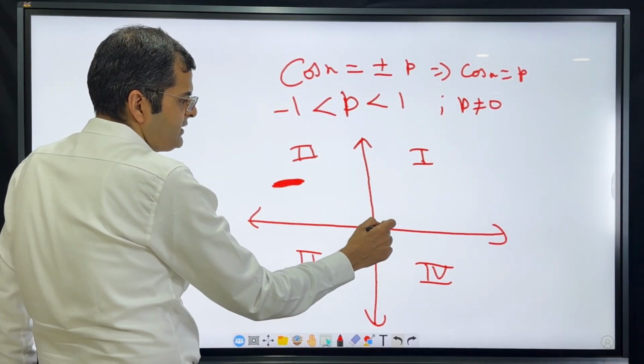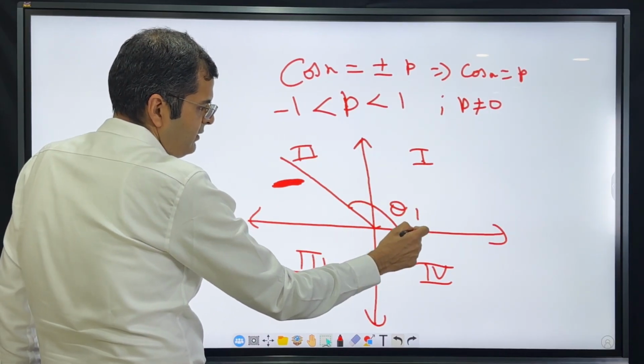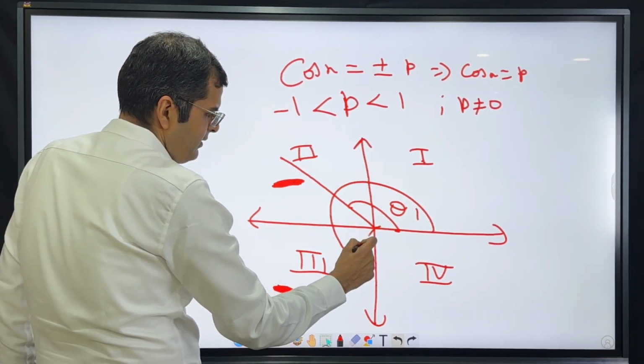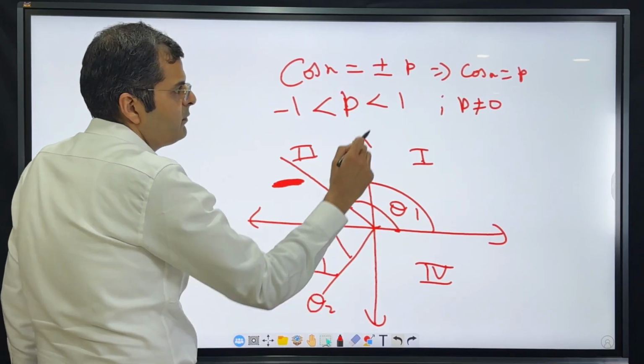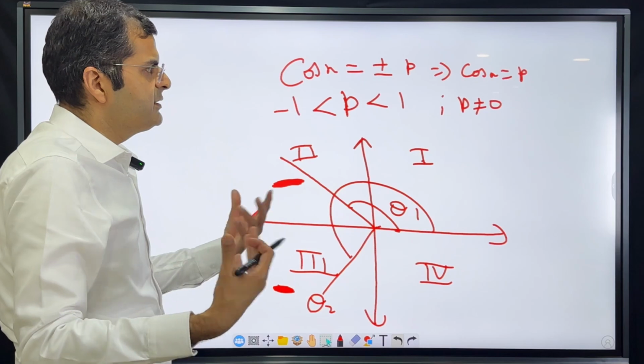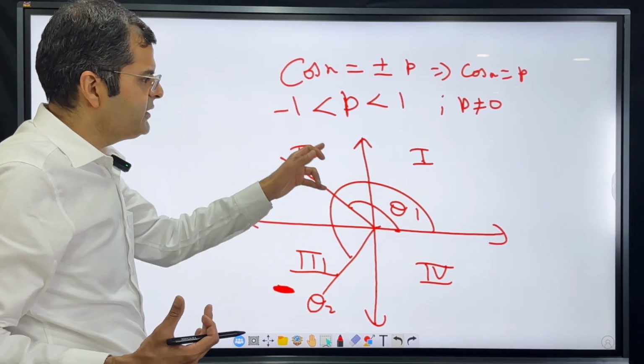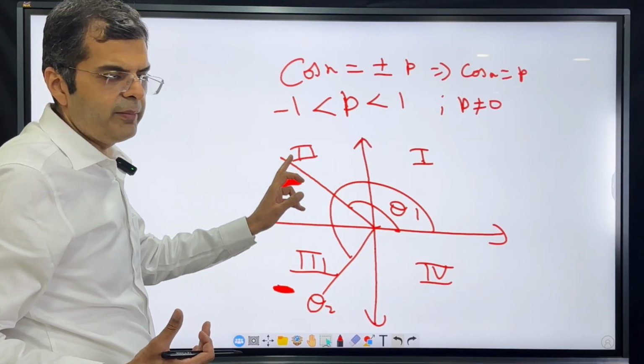So this x angle might be somewhere here, let's say theta 1, or somewhere here, let's say theta 2. When I put cos x is equal to minus 0.7, let's say, it will either lie in 2 or 3. So there are two possibilities that I get from here.